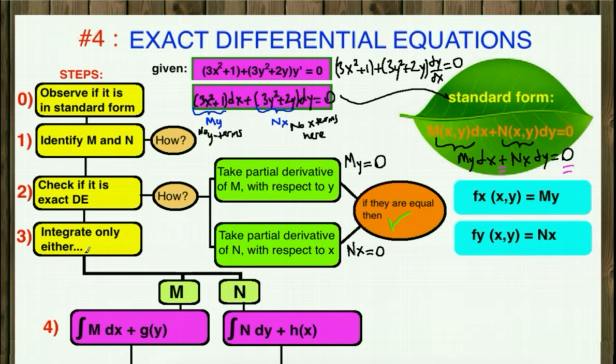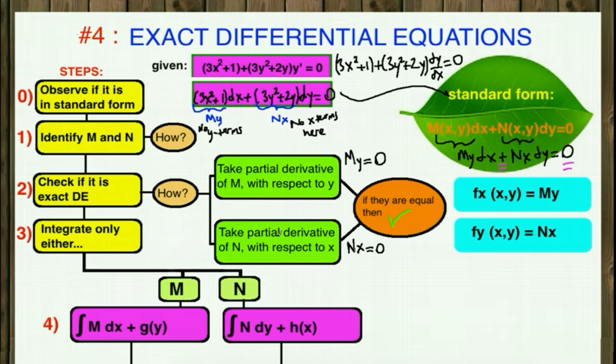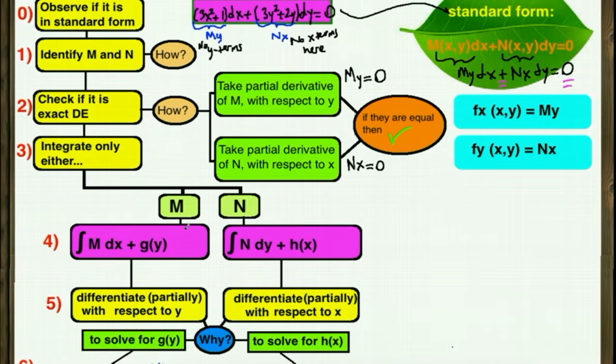Step 3 is the integration. We are going to integrate only one side of the whole equation, either the M part or the N part. If you go this path, you integrate M with respect to x, and you add some function g of y instead of constant c.